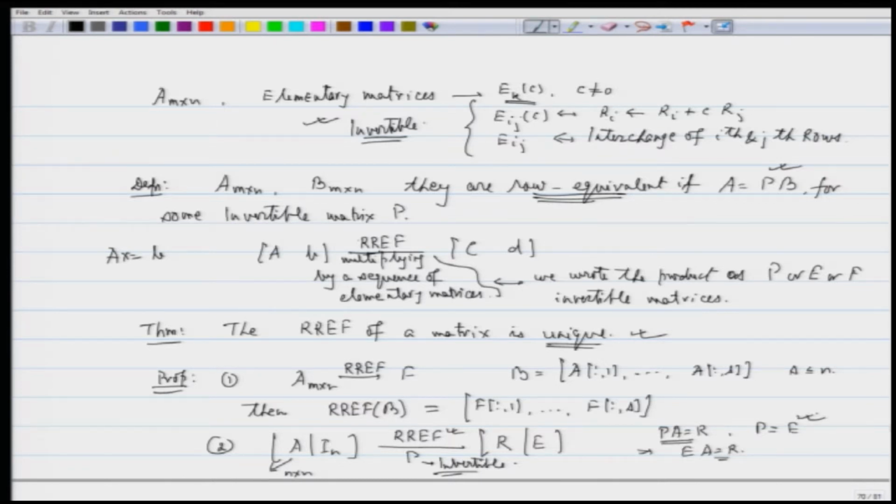Now, E is a product of elementary matrices and therefore, it is invertible, and this implied that if R is identity, then A is invertible. Else we could not say what will happen to the next part, all right. So, if R was not identity, it means that A is not invertible.